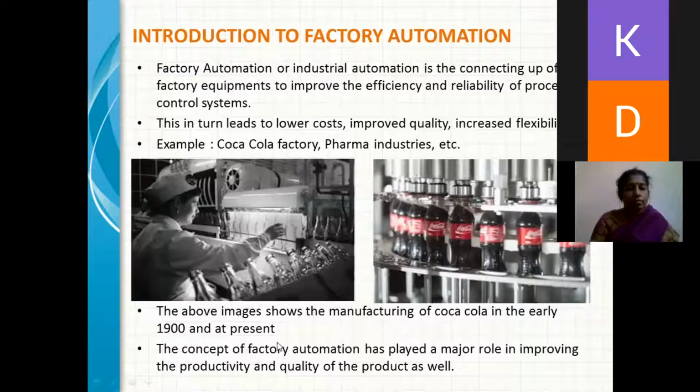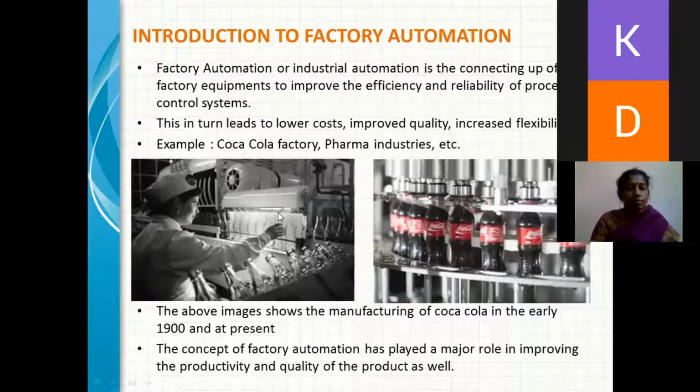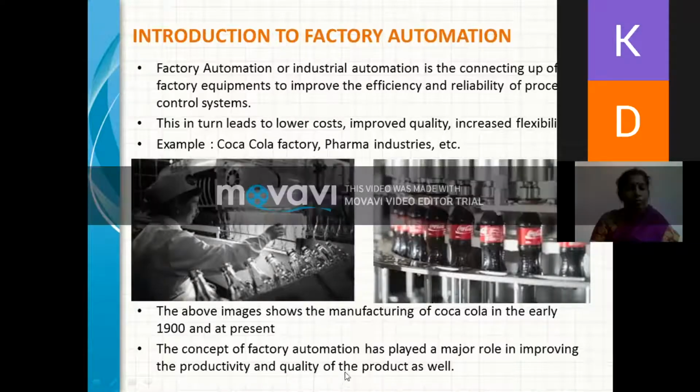The concept of factory automation has played a major role in improving the productivity and quality of the product as well. Here I'm mentioning productivity. You can think of manufacturing a single bottle at a time versus thousands of bottles in a minute. This is a very big jump. So this is what I call productivity, and the quality as well. Because on the right hand side, the quality of the product is very much improved because the human intervention is totally cut.